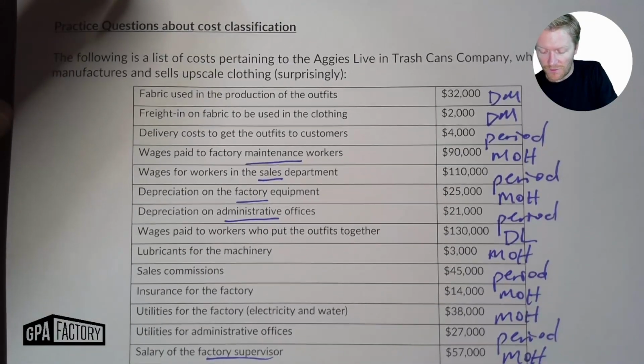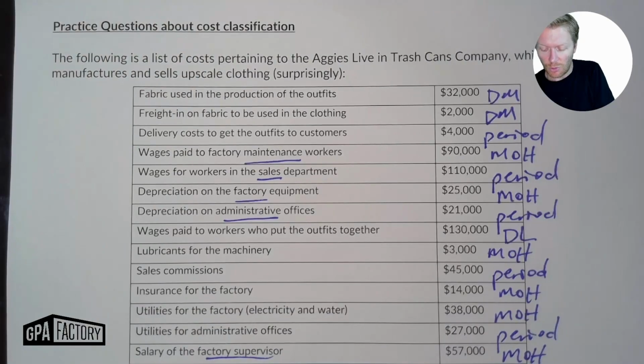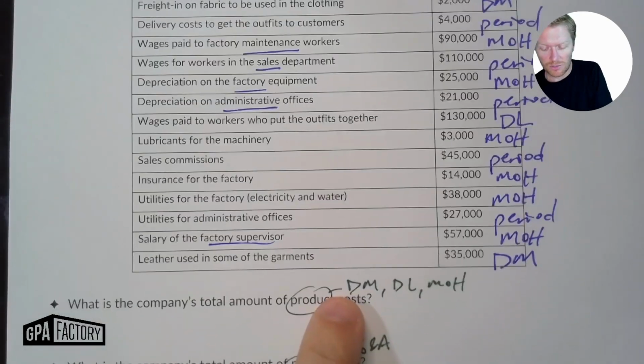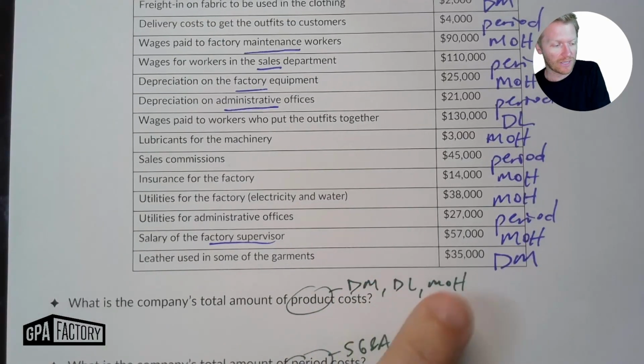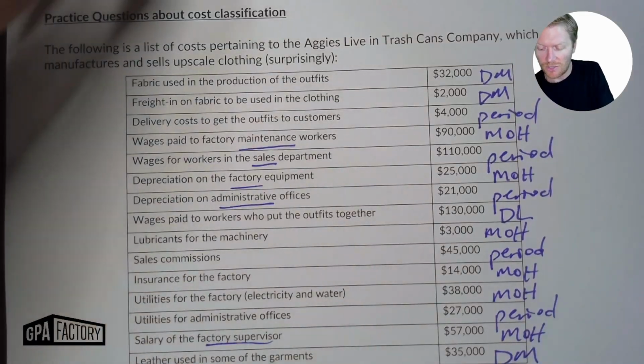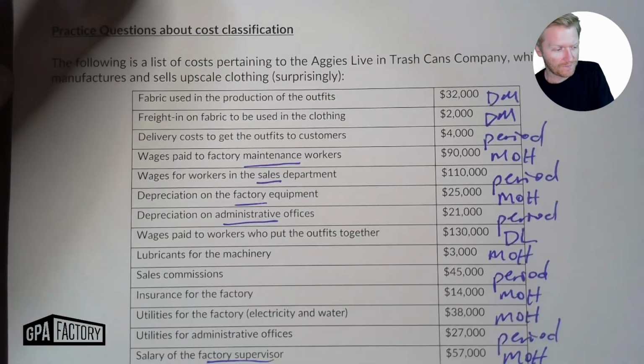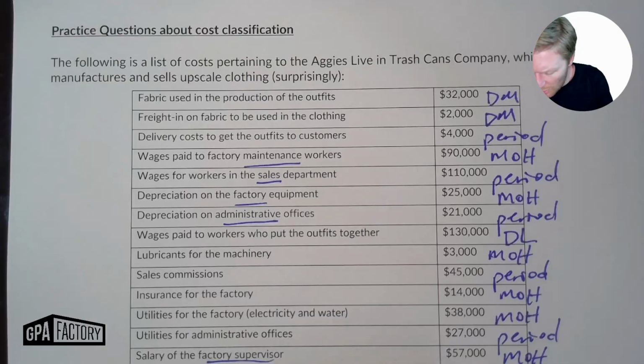So for the total amount of product costs, it's direct materials, direct labor, and manufacturing overhead. Let's go ahead and add up all of those things. So all of these are in thousands.